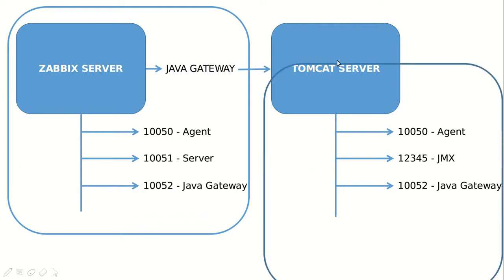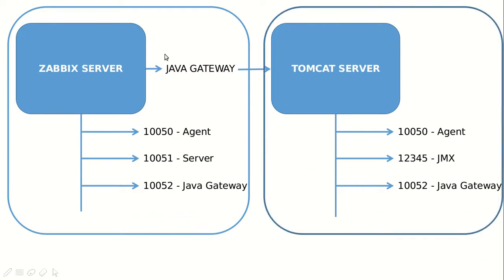So this will be one server and this will be another server. My Zabbix server will go to the Java gateway on port 10052, and this Java gateway will connect to my Tomcat server, and then finally hit the Tomcat server on port 12345 where it will capture all the information.